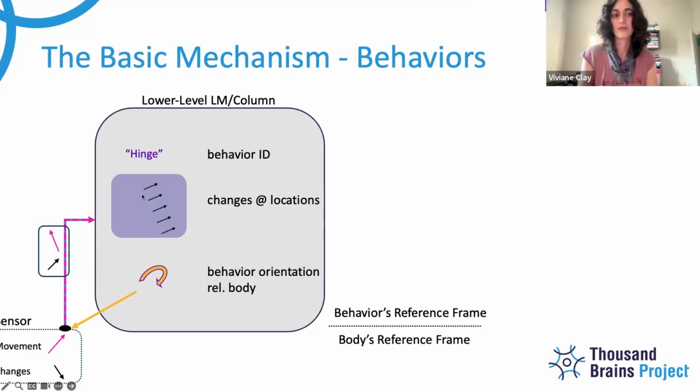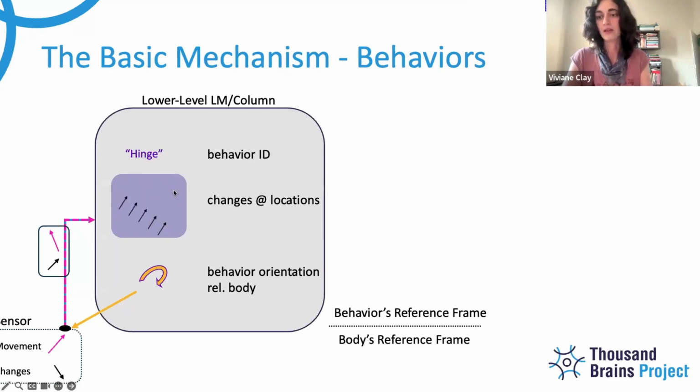But instead of storing static features like color at those points in the reference frame, we would store changes at those locations. And then we would need another dimension for time, so storing a graph of changes for each step in a temporal sequence. Does that make sense?